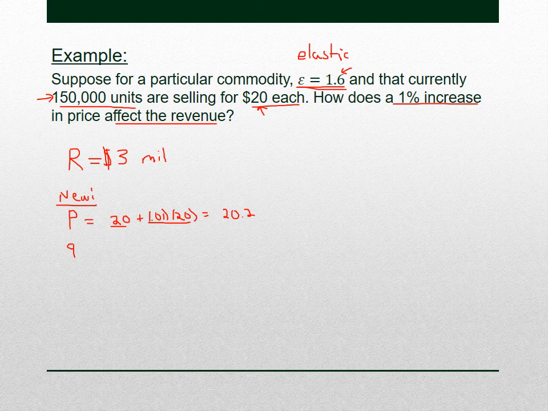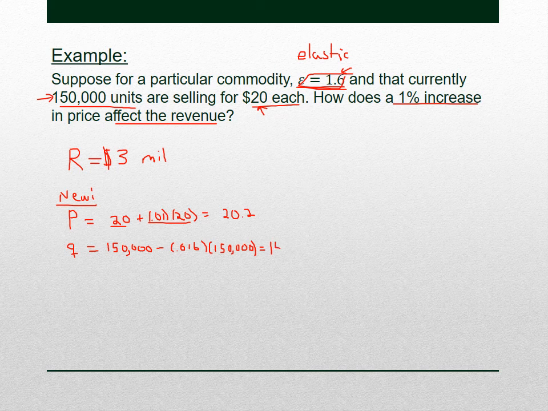For our new demand, the new quantity Q, we take our old quantity, which was 150,000. Demand is always going to decrease as price increases, so we subtract, and that's where we use this 1.6. We take 1.6%, so that's 0.016 times our old quantity. We start with 150,000 and subtract 1.6% of 150,000.